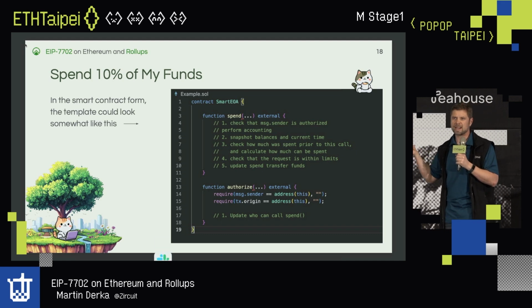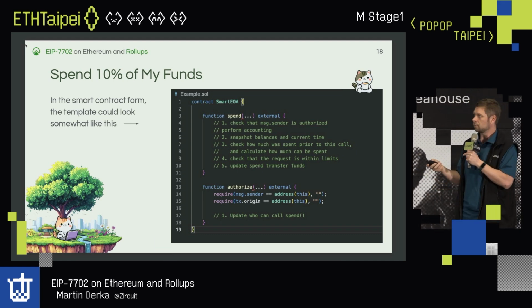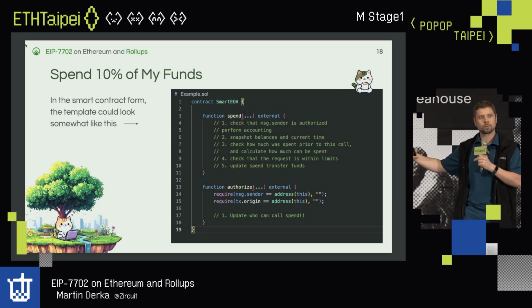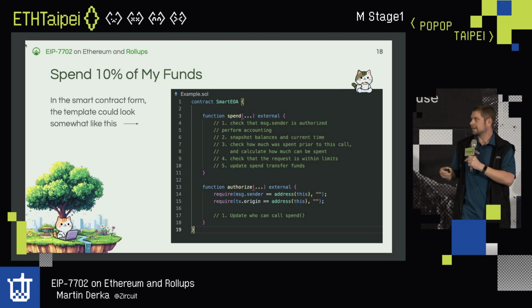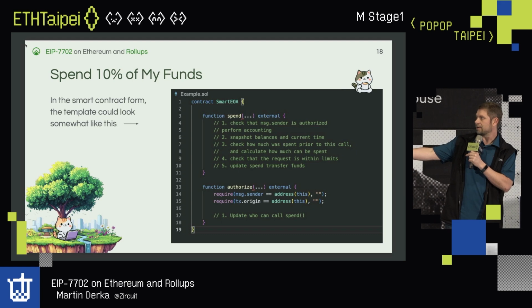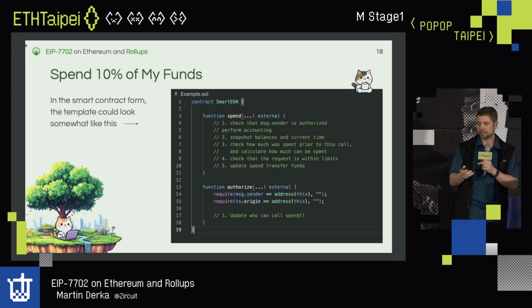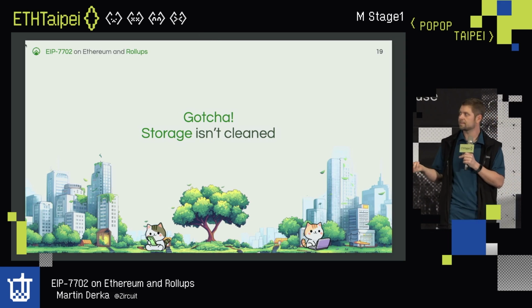That means that you can make up any primitives that you would like. So you will have to do some accounting. You will have to invoke the storage of the smart contract, record how much was withdrawn over time by that particular spender, and how much they are allowed to withdraw, and only allow them if this actually falls within the bounds. But this is roughly what you would do if you wanted to spend 10% of your funds.